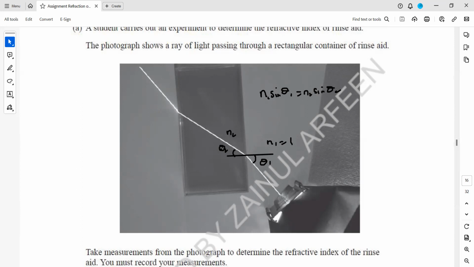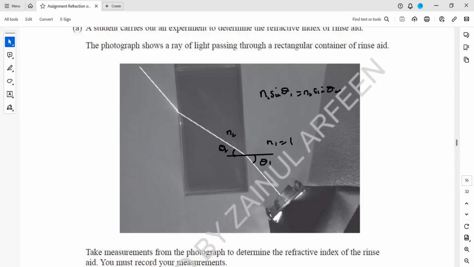So it has to be done with measurements. And θ2 also, you have to measure this angle. After measuring, because repetition is always important, you cannot find accurate values with one set of results. So you should always repeat.